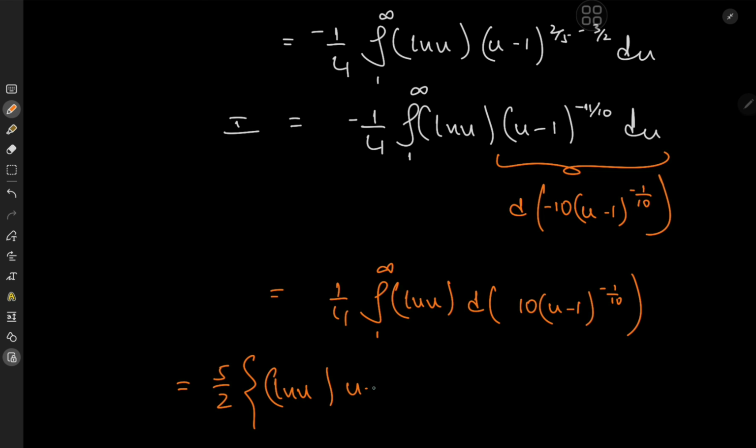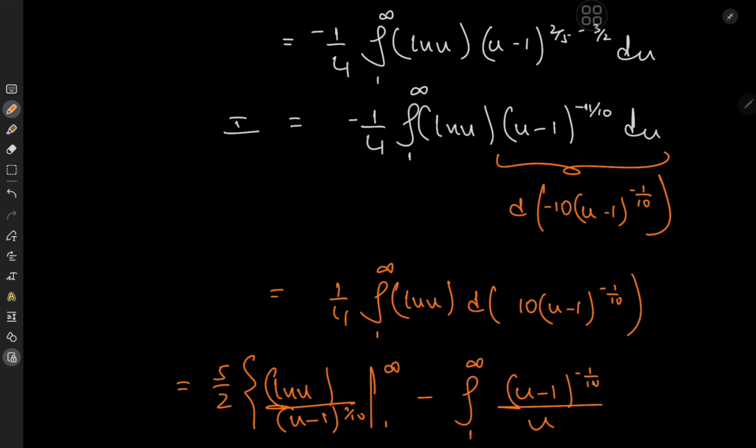And then we have (u minus 1)^(1/10), with the limits being 1 and infinity, minus integral 1 to infinity. Now we have log u, which differentiates to 1 over u, and we have (u minus 1)^(-1/10) du.